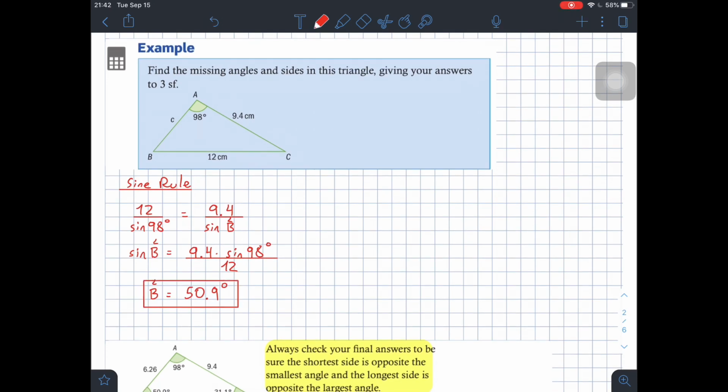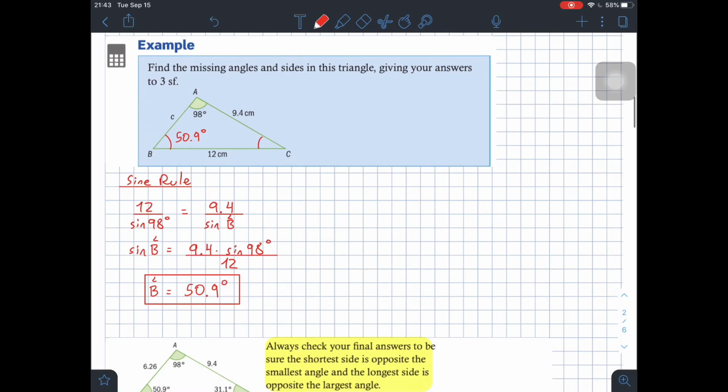So we have our first piece of information found. We know that this angle over here should be 50.9 degrees. Then, if I want to find this angle over here, I could apply the sine rule again, but I'm going to waste too much time. There's another shorter step: if I already have this angle and this angle, I know that the sum of the angles in any triangle is always equal to 180 degrees.